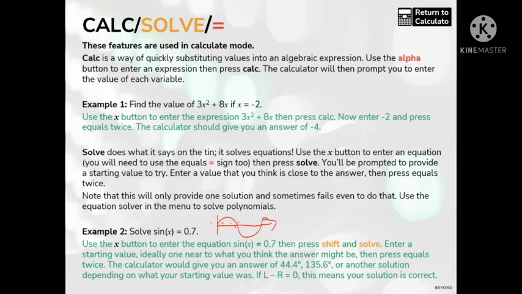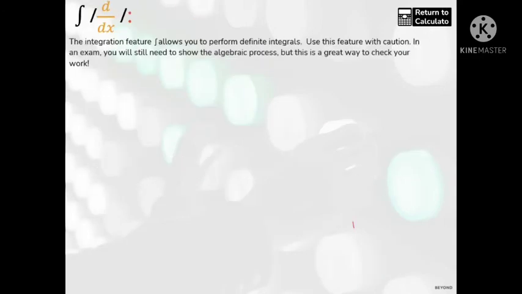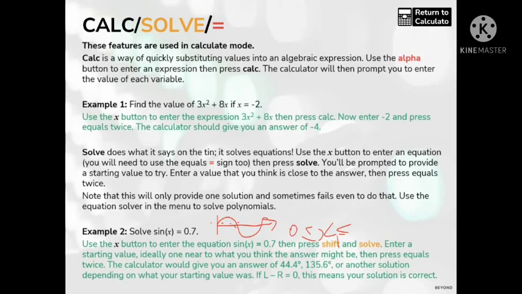You could keep going. This question didn't specify where it wanted your solutions to be. Typically it's between 0 and 180, usually. Not always, it can change, but that's what it usually is.